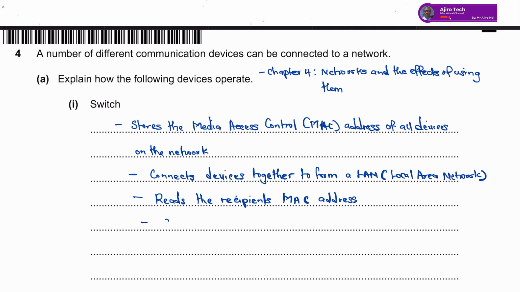It sends data packets, which is sending data on the network to a specific device.